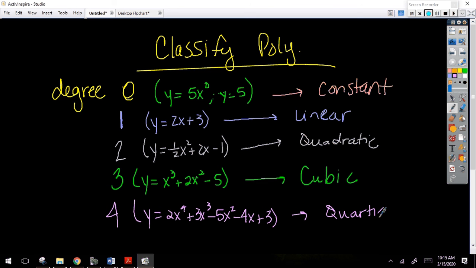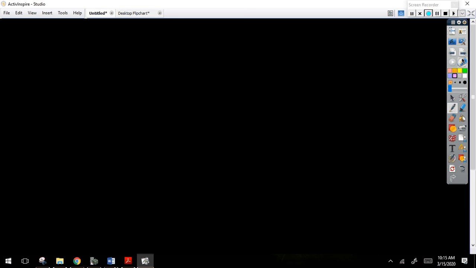So you'll want to write this chart somewhere down in your notes so that you can always look at your polynomial and classify it and tell what type it is, if it's a constant, a linear, a quadratic, a cubic, or a quartic. Okay? All right, let's move on to what we're going to do with lines, okay?